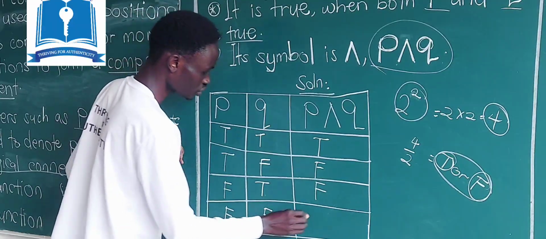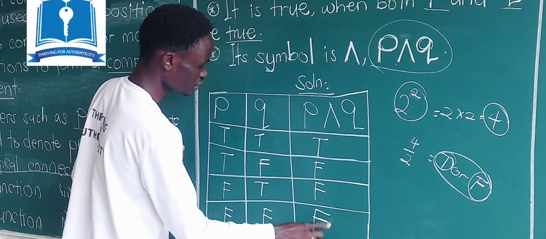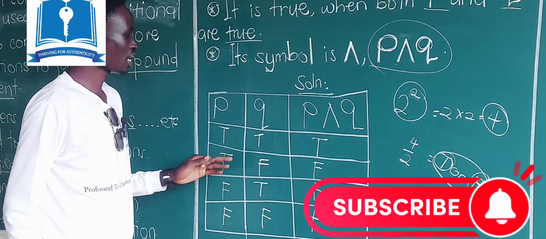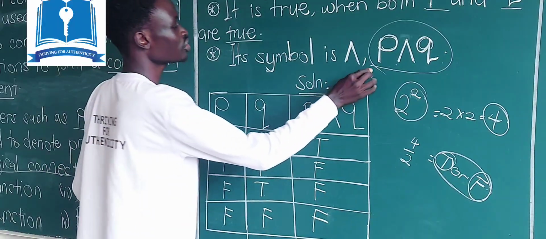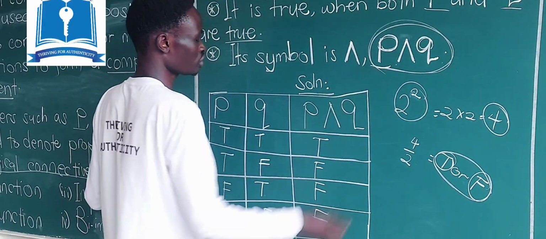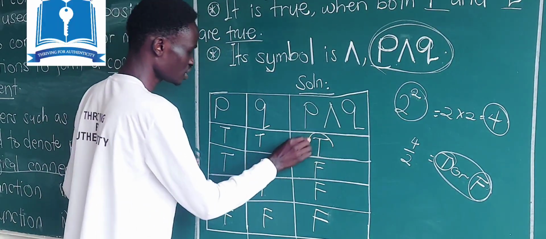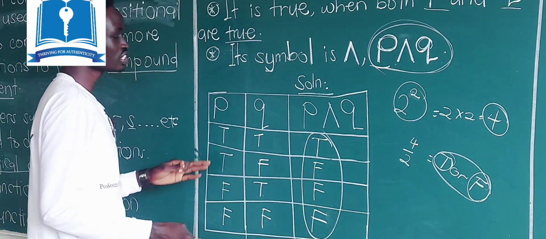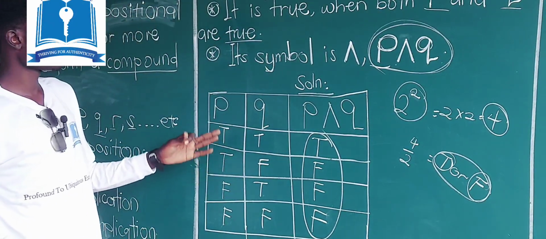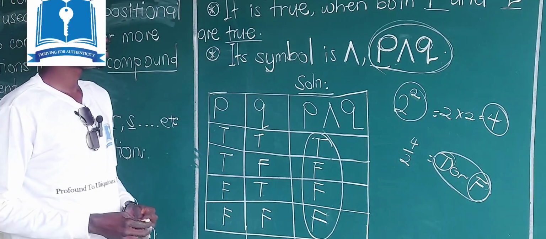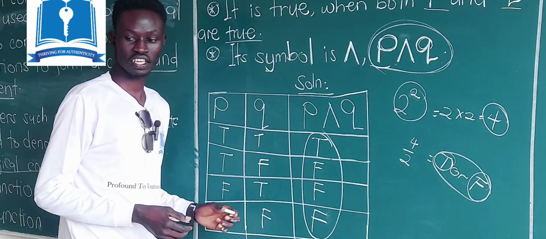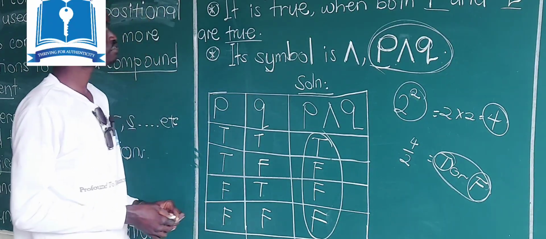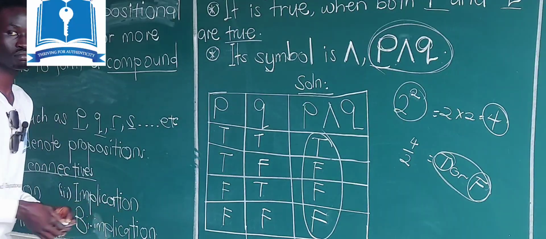False, false: it will be false. Meaning our answer, since we are trying to solve this statement for conjunction, is this. So this is conjunction. Let us now see disjunction also.